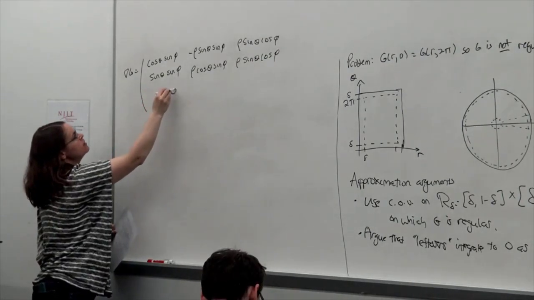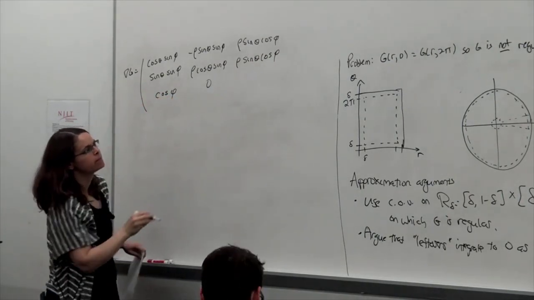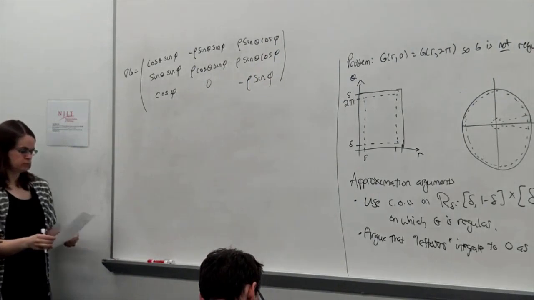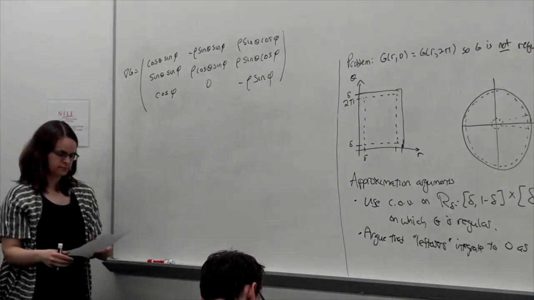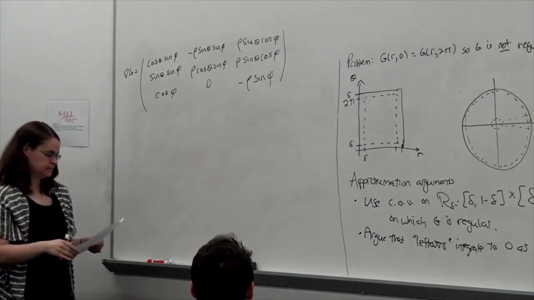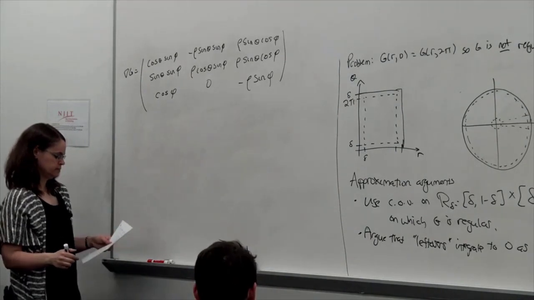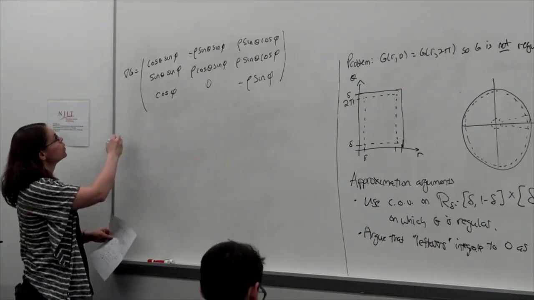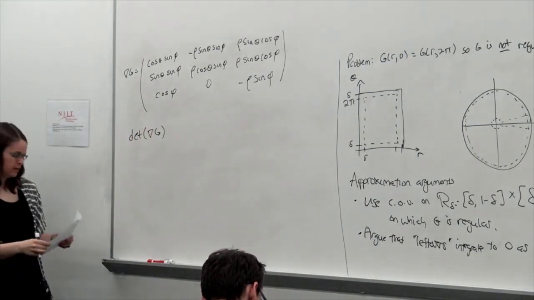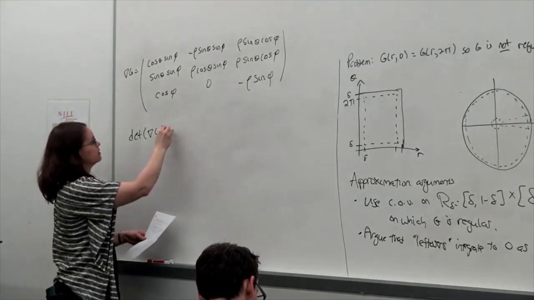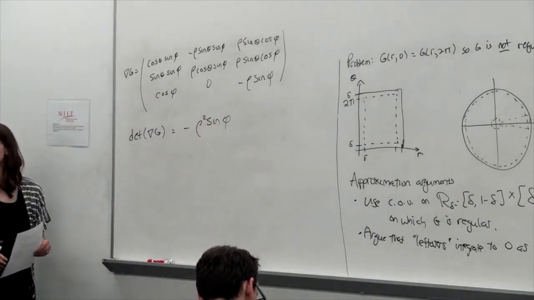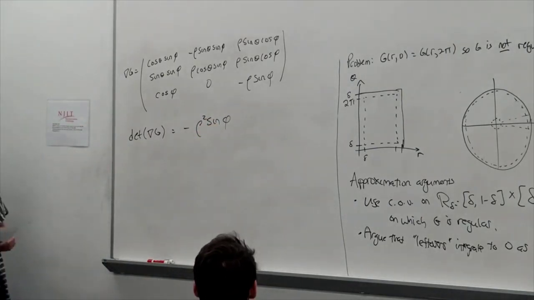And then I have a cosine phi, 0, and a minus rho sine phi. Okay, and we take the determinant of this. I'll let you check that on your own time, and we get something like rho squared sine phi. The negative sign doesn't matter. We're going to take absolute values of everything.